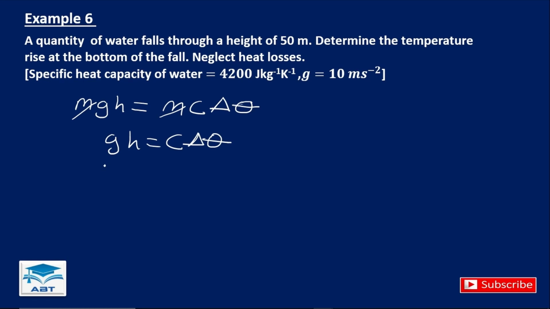Acceleration due to gravity is 10. The height is 50 meters. And the specific heat capacity of water is 4,200 joules per kilograms per Kelvin. And we want the temperature change, delta theta. That is the final temperature minus the initial temperature. So 10 times 50 is 500.